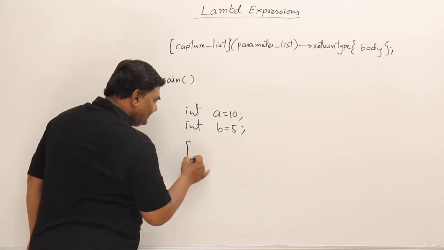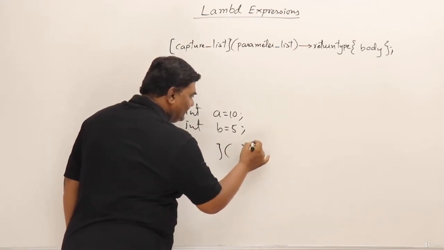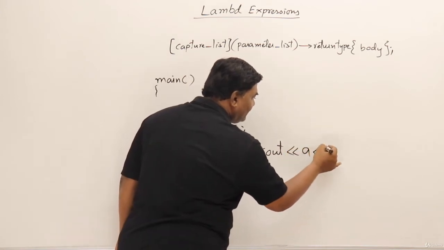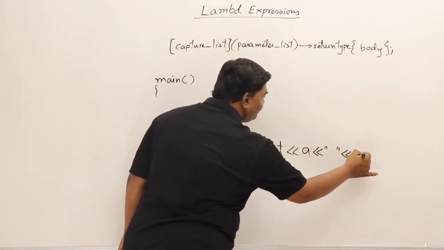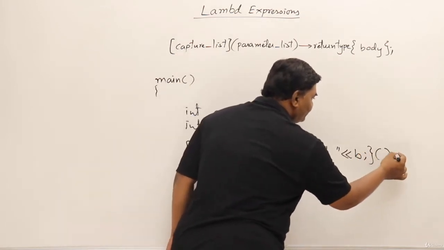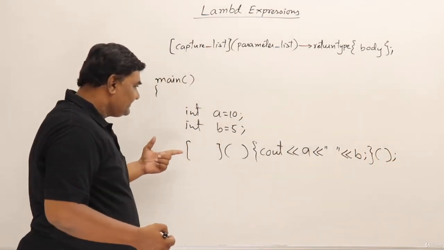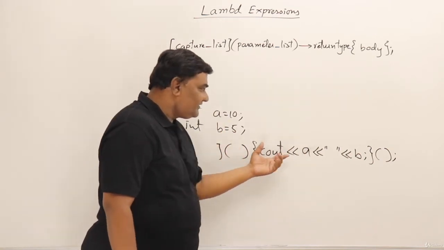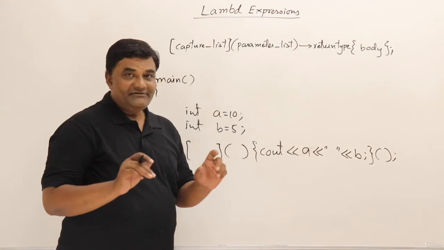I will define an unnamed function, and here I will say cout a with some space b, and I even want to call the function. So what I expect is this function should display the value of a and b, but it will not display.